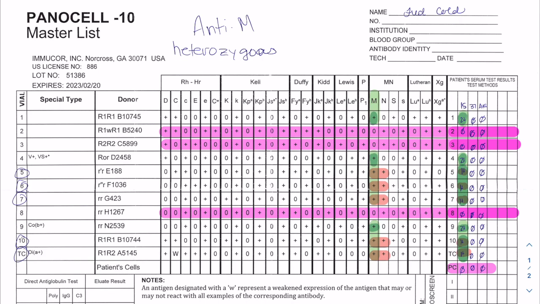Those are heterozygous, and that's because they have M and they have N on them. Our homozygous cells on here are only positive for M, and they are these cells. And so they are 1, 4, and 9.